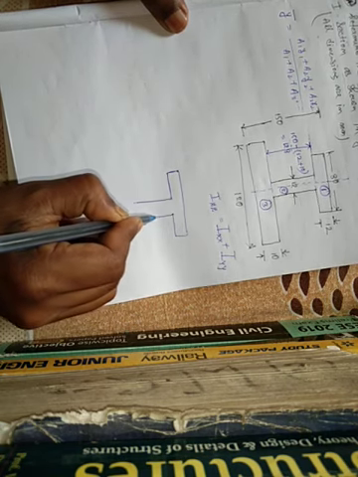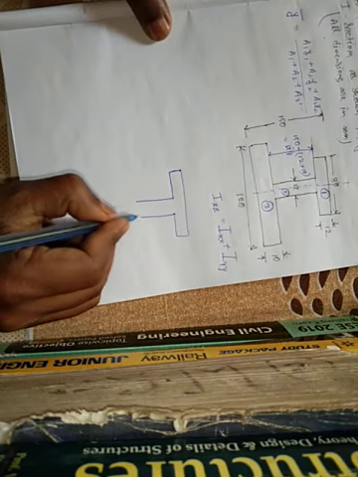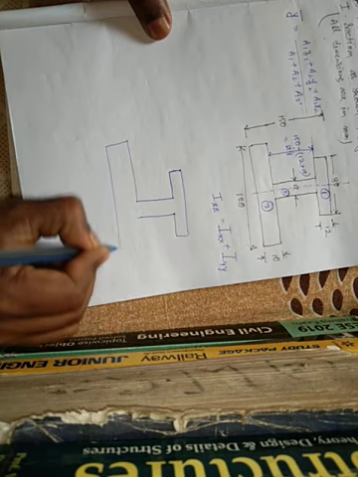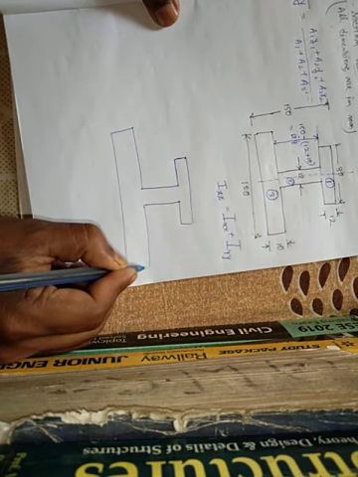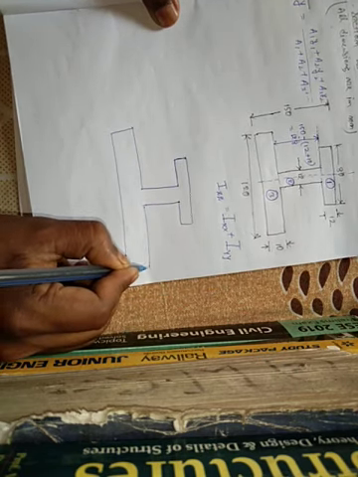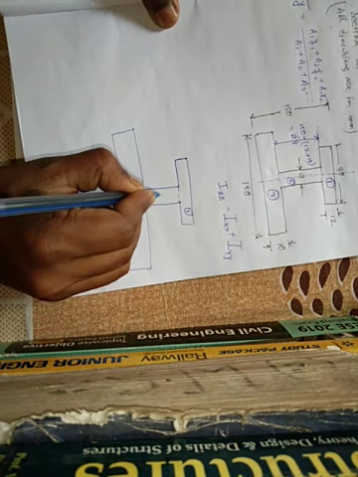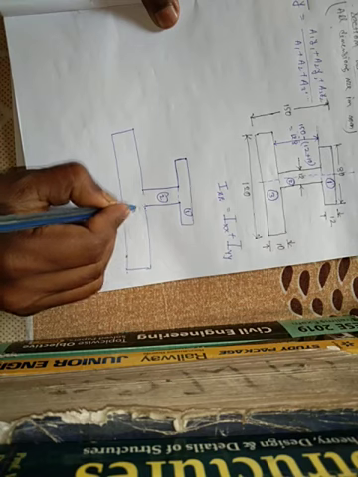This is the I section. This is section 1, this is section 2 and this is section 3.